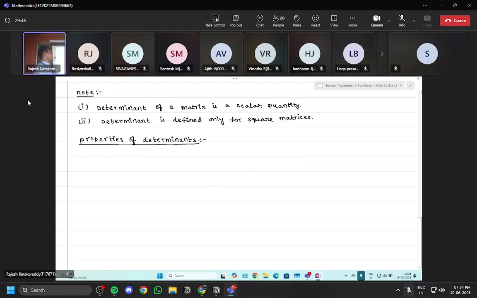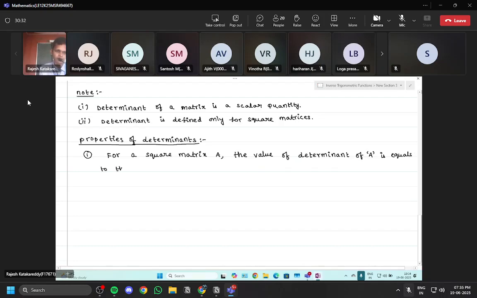So properties of determinants, we are seeing the first property here. For a square matrix A, the value of determinant of A is equal to the value of determinant of A transpose.